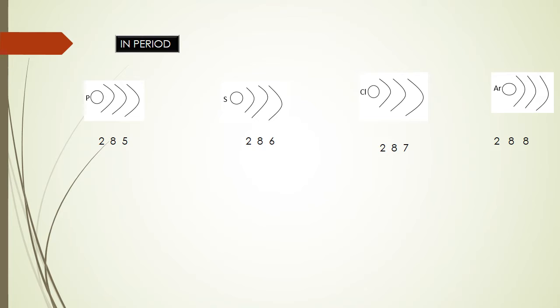So as we move from left to right, as the atomic number increases, the atomic size decreases due to increase in the attraction force between positive nucleus and negative electrons. So we have 15, 16, 17, and 18. As we move from left to right, the number of electrons increases, so the attraction increases, so the atomic size decreases.